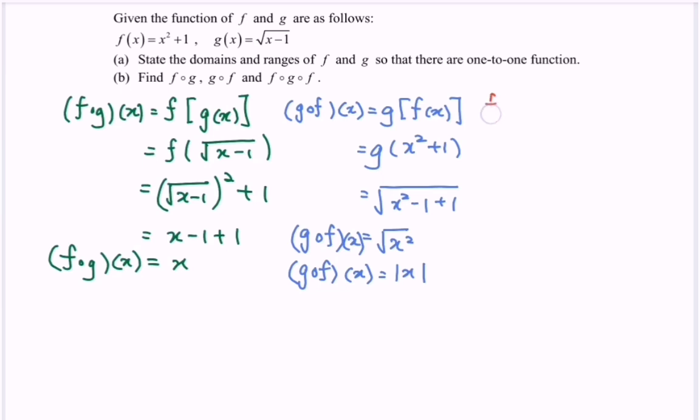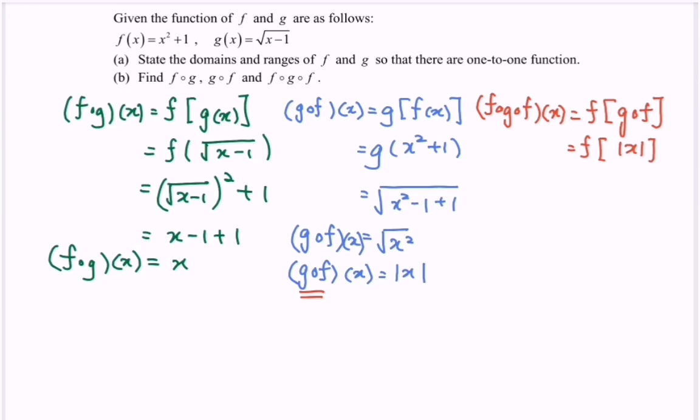Next, the third one, f∘g∘f. If we observe the situation, we have the function f of g∘f. Kindly refer to g∘f, where we have this part. The g∘f actually equals the modulus of x.